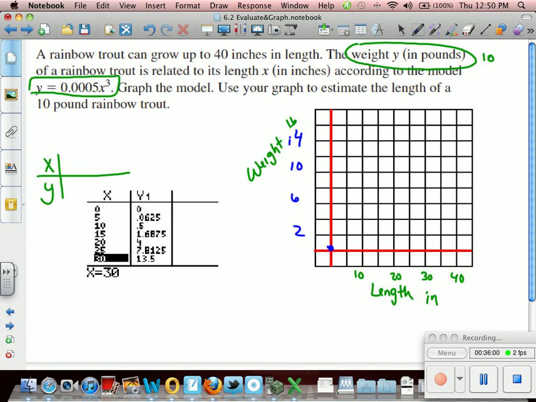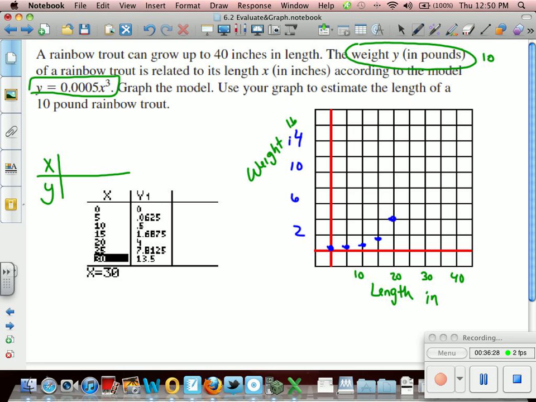So at 5, I'm at 0.0625. So just really right there above the 0 line. And then at 10, I'm at 0.5 again, not very far. At 15, though, I go to 1.6. So almost to the 2. And at 20, I'm at 4.